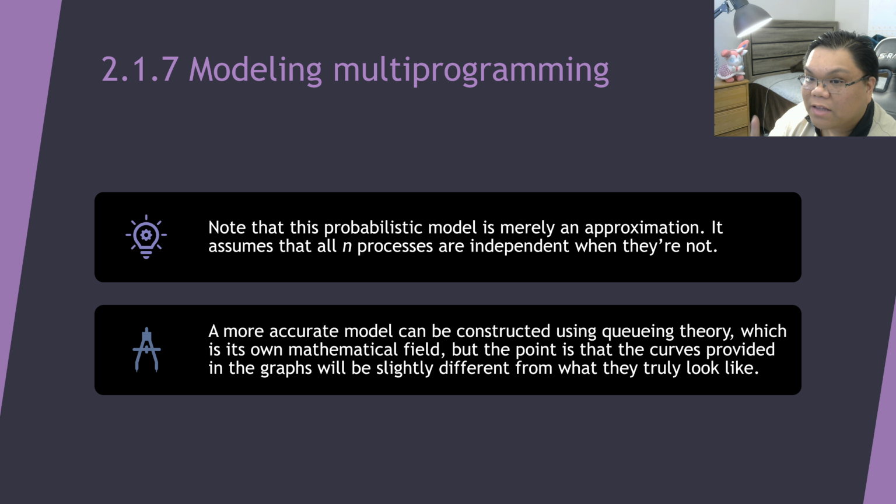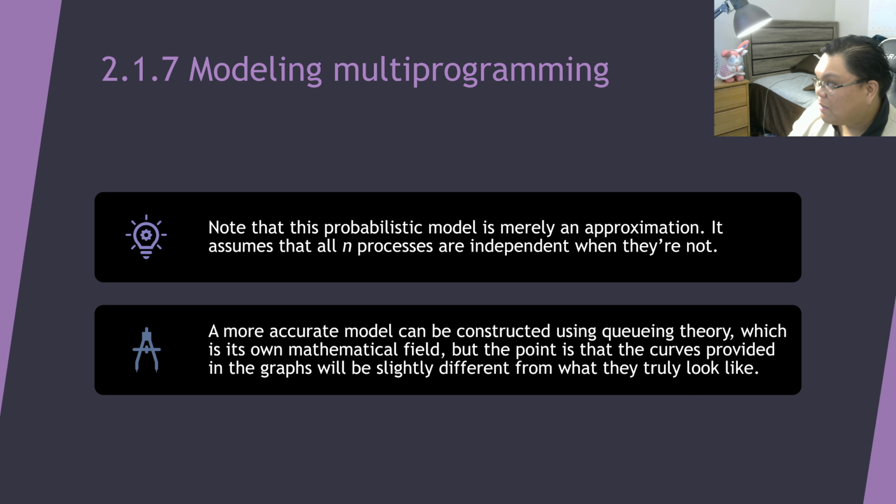There are a few caveats to this, and it's this. This probabilistic model is merely an approximation. It assumes that all n processes are independent when, well, they're not. A more accurate model can be constructed using queuing theory.